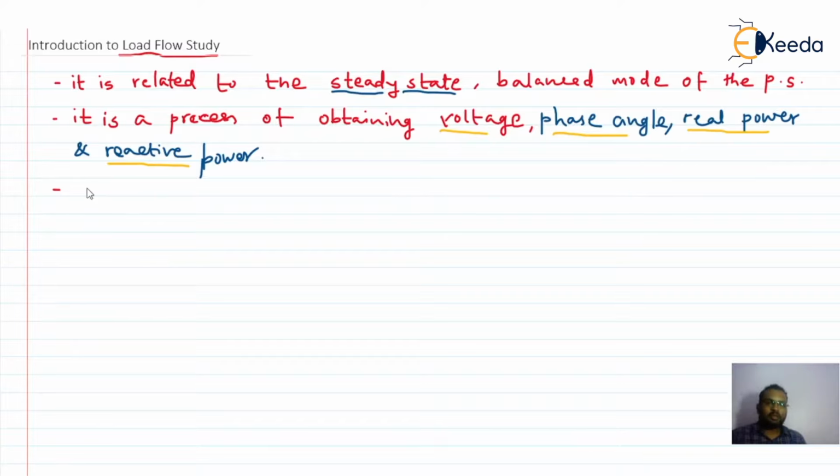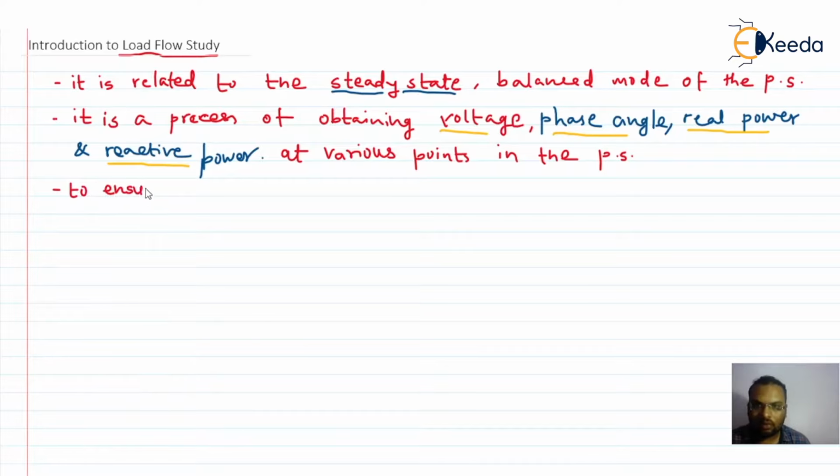Being a power system engineer, if I know these four quantities at various points in the power system, then I can ensure the smooth operation and smooth control of the power system.